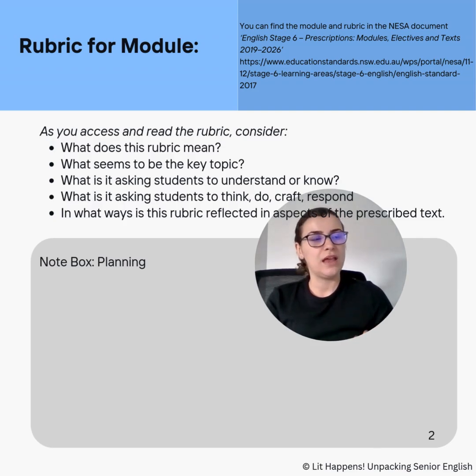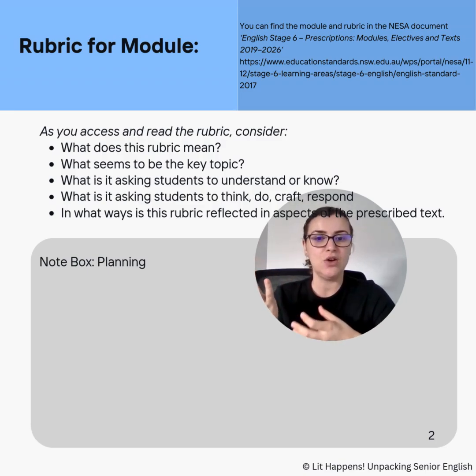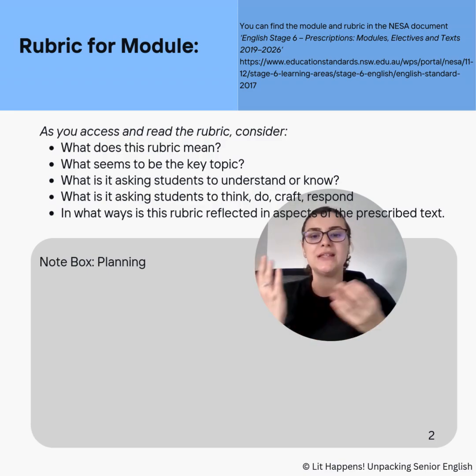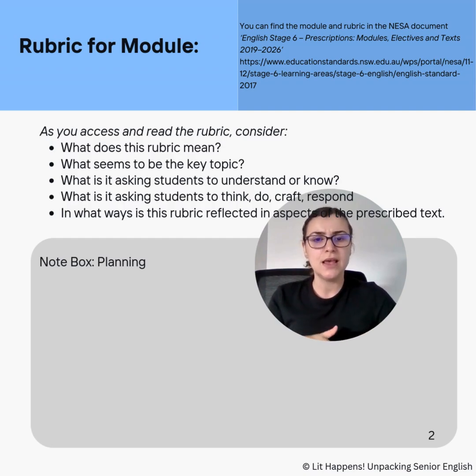So if I'm looking at that first paragraph, very much we're in the context of establishing what we mean by this rubric, language, identity, and culture, and then looking to the second and third paragraph in terms of, well, once students have that understanding, what are they going to do with that? How are they going to use that understanding of that first paragraph of the rubric to then apply it to their prescribed text in order for them to then develop their own judgments, approaches, appreciations as well.